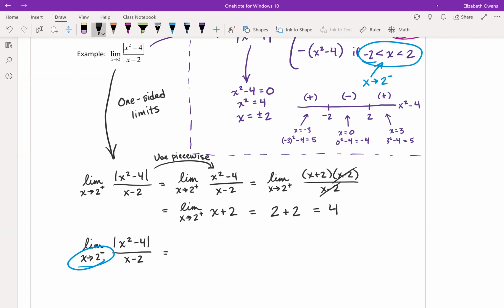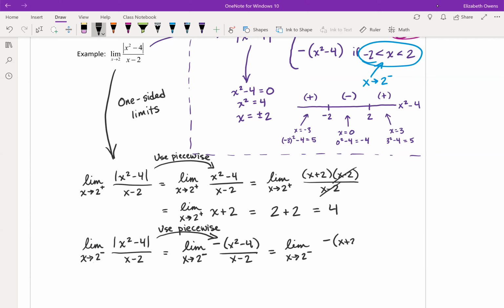Okay, so we're going to have the limit as x approaches 2 from the left of negative x squared minus 4 over x minus 2. So that again is using the piecewise function. Okay. And then the process looks very similar from here on out. We're going to factor again, factor the difference of squares and cancel out that x minus 2 factor.